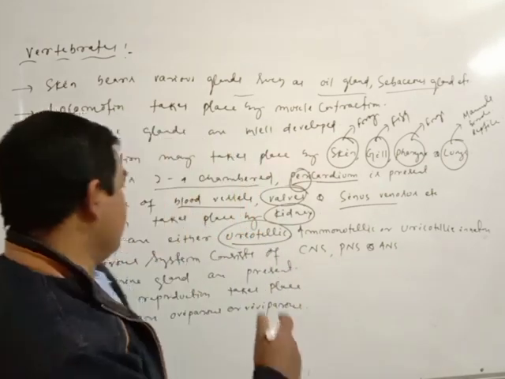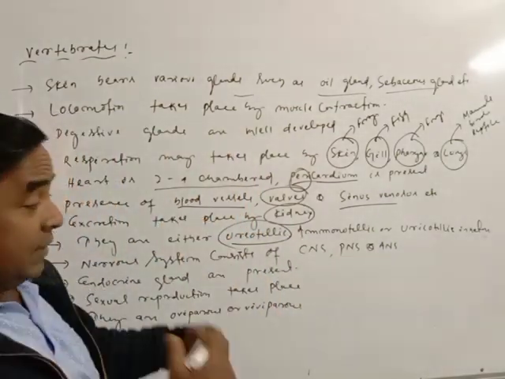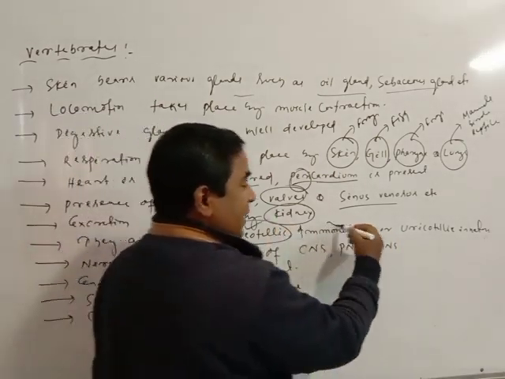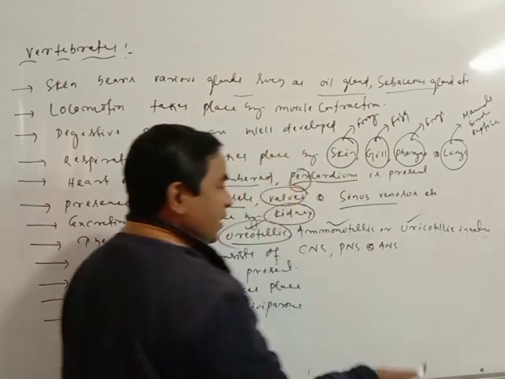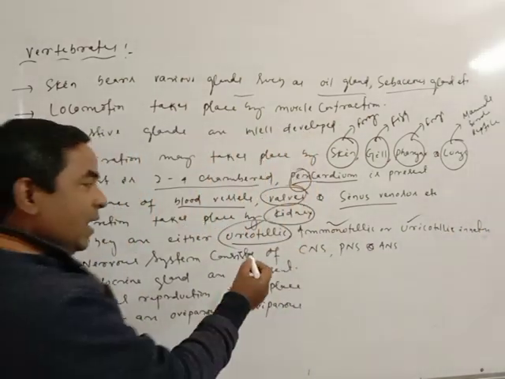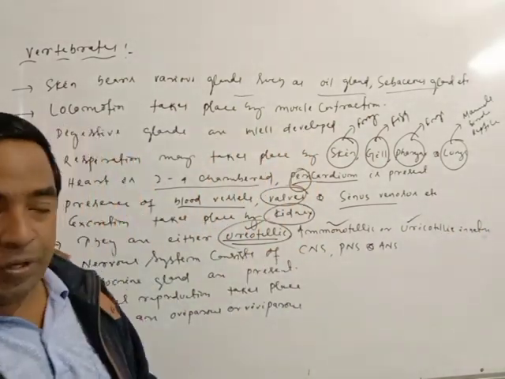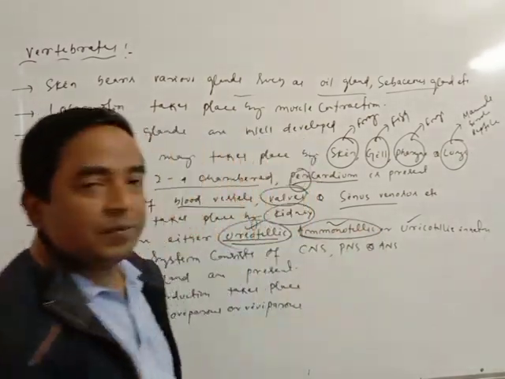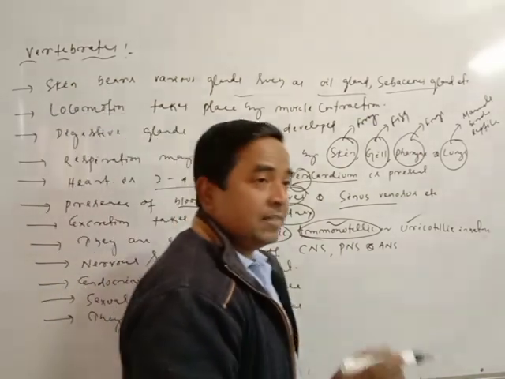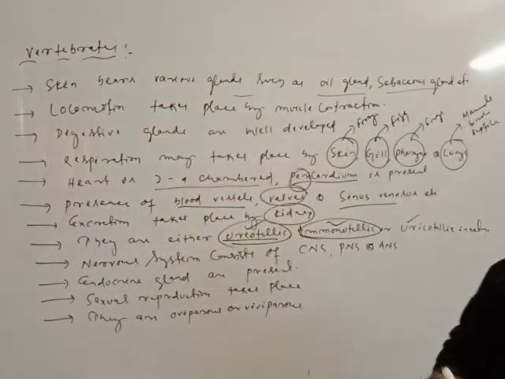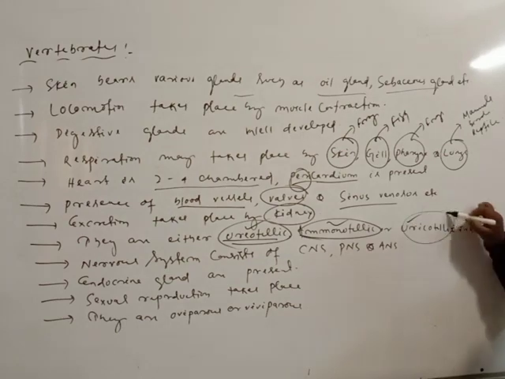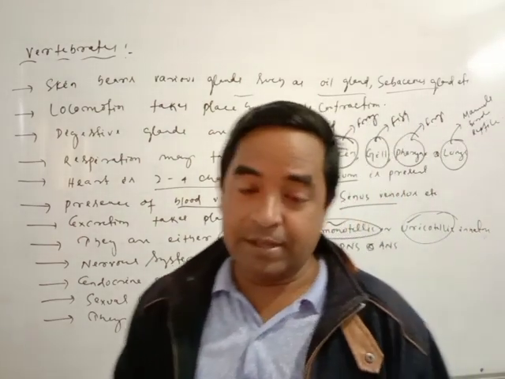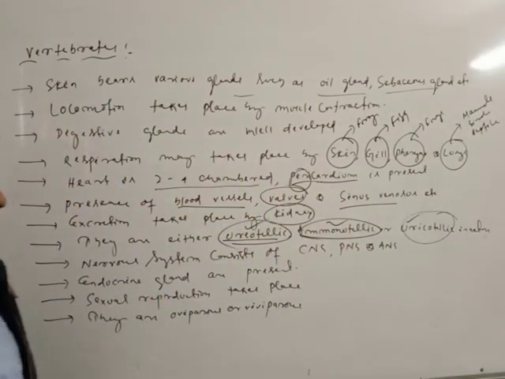Those animals release them in different forms: urea, ammonia, or uric acid. Those that release urea are called ureotelic, example human. Those that release ammonia are ammonotelic, example fishes. Those that release uric acid are uricotelic, example birds and reptiles.